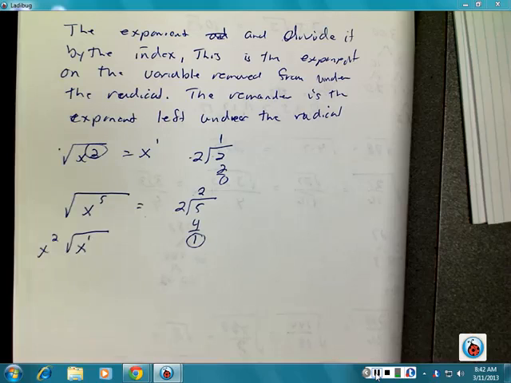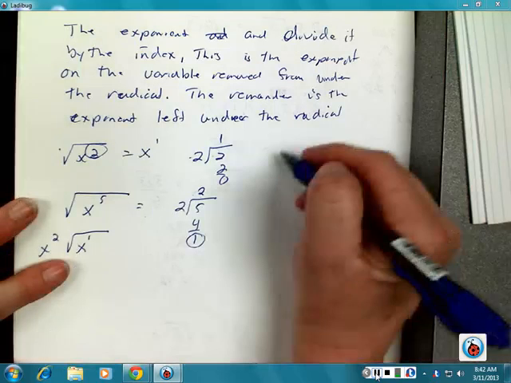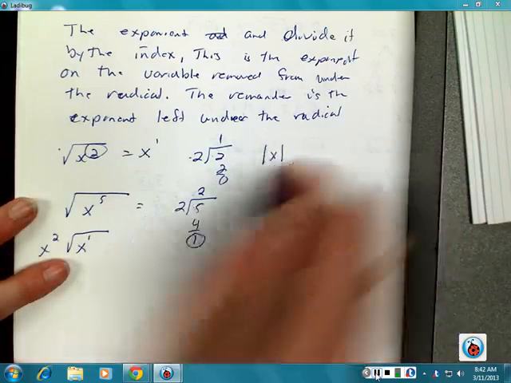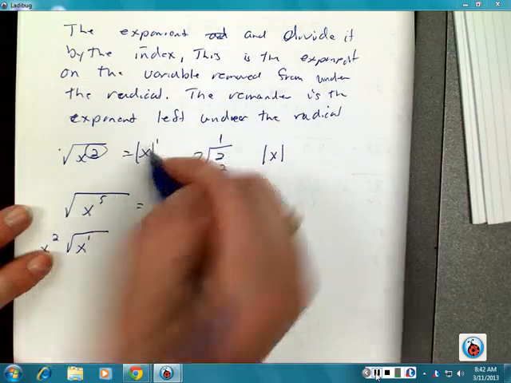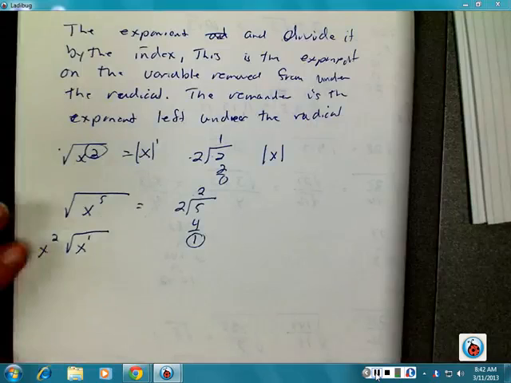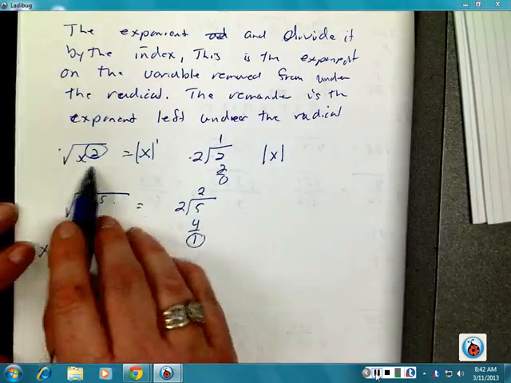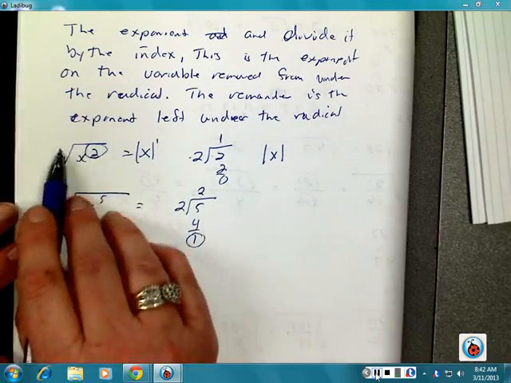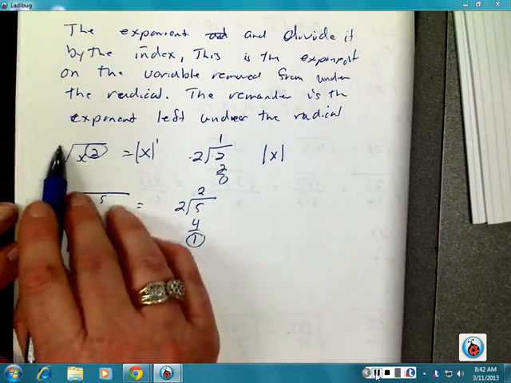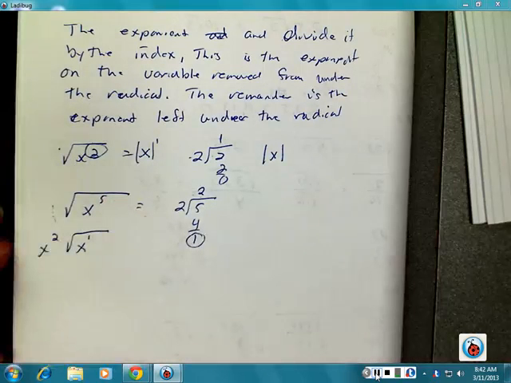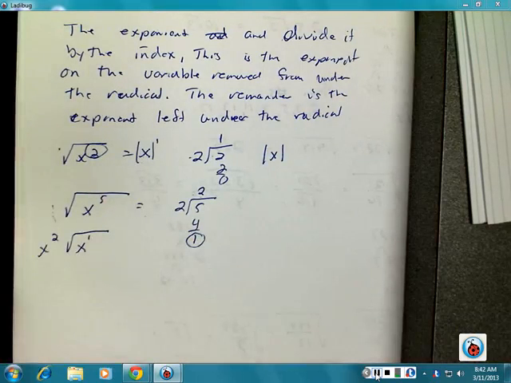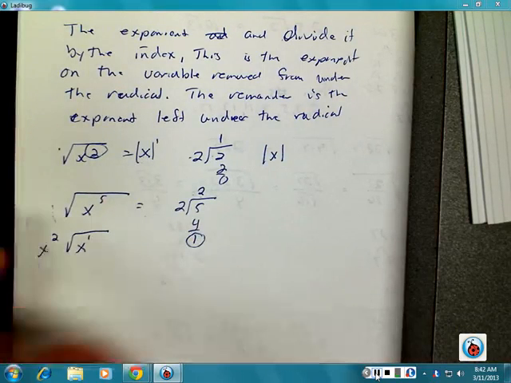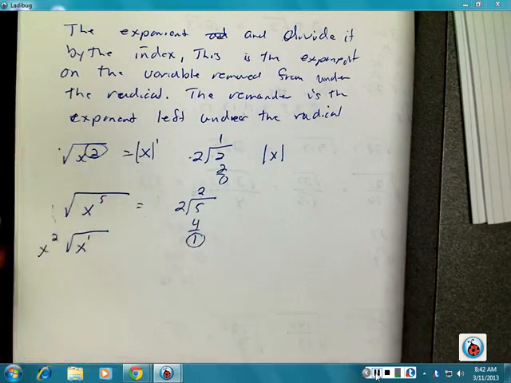Now the other thing you need to be aware of is that in Hawks, they will say that x, this x that we pulled out of here, needs to be inside of absolute values because what can we never have under our radical? If it's an even index, we can never have a negative number. So x has to be positive. So whatever value you would put in for x would have to be a positive value that we're working with, because I can't use anything that's not.